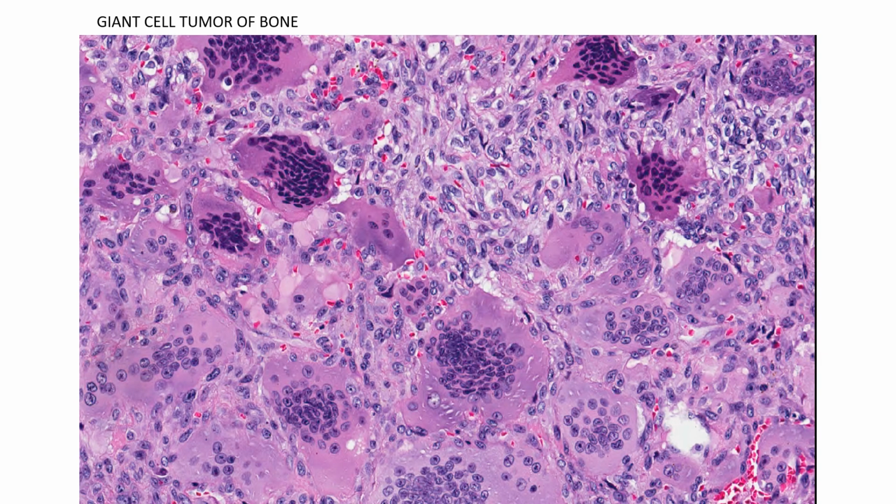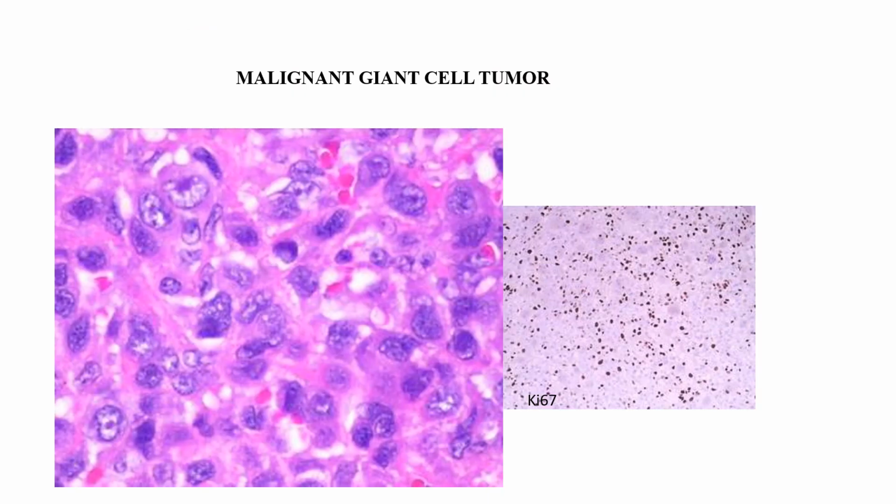Again, in this high power view, the multinucleated giant cell is highlighted with a yellow arrow and the neoplastic mononuclear spindle cells are circled with a blue line. In rare cases, giant cell tumors may transform into a malignant form. In these cases, you will see increased atypia of stromal spindle cells and increased mitotic figures.